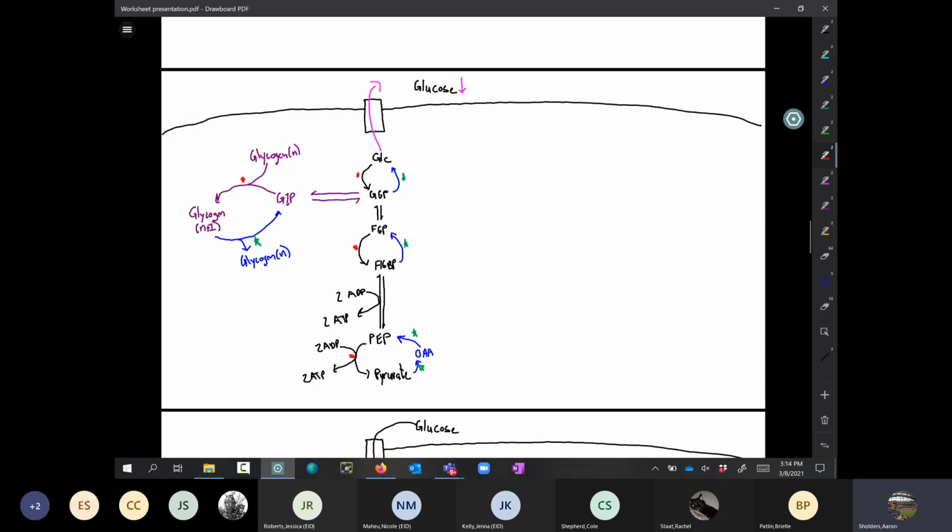Well, let's put another receptor over here, and let's call this the glucagon receptor.